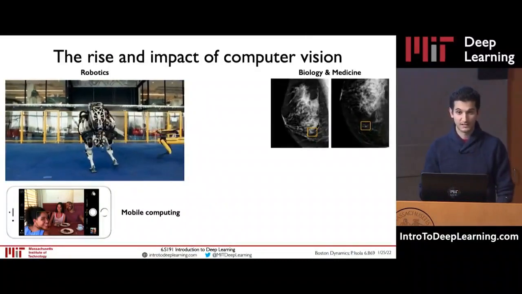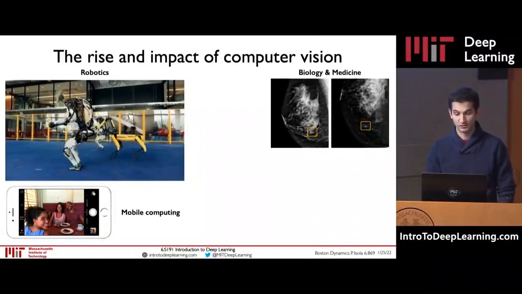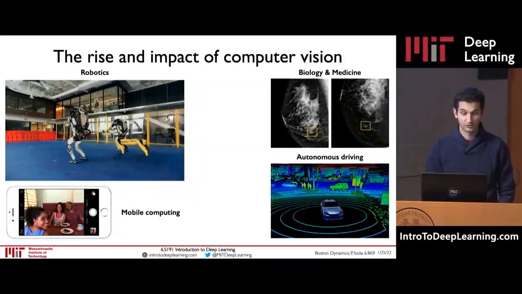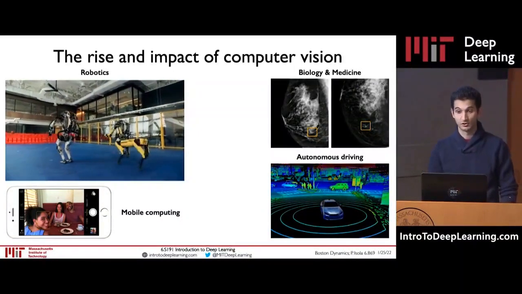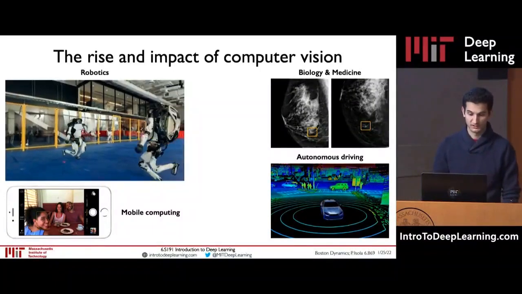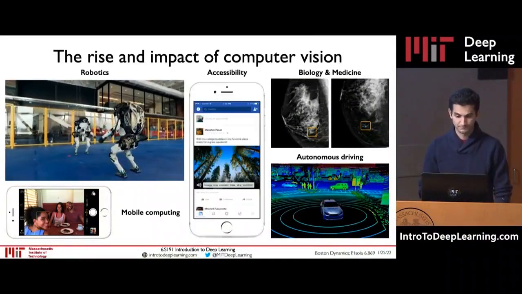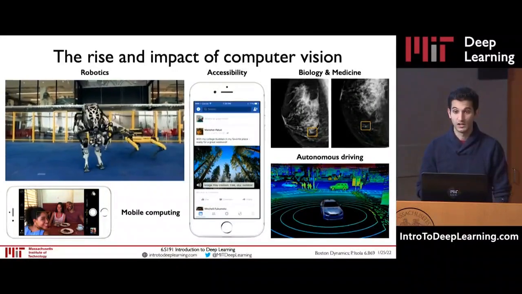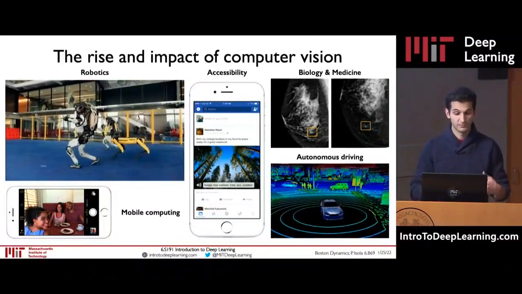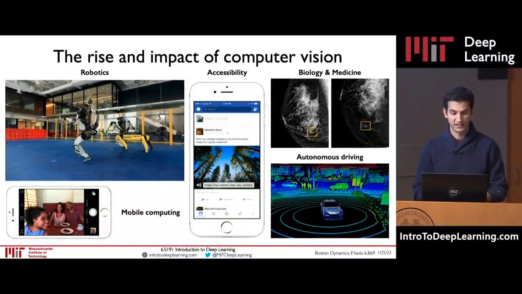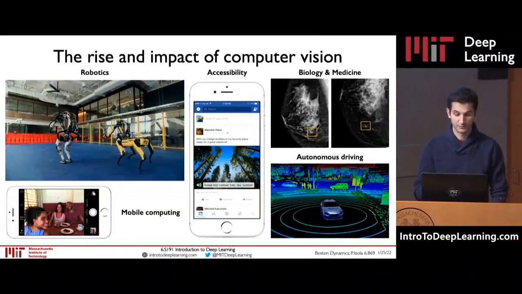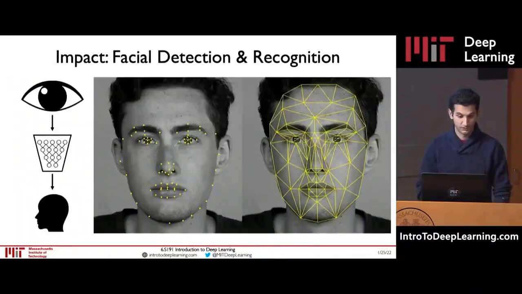We're seeing computer vision in biology and medicine being used to diagnose cancers, as well as in autonomous driving, where we actually have machines operating together with physical humans in our everyday world. And finally, we're seeing how computer vision can help humans who are lacking a sense of sight increase their own accessibility as well.